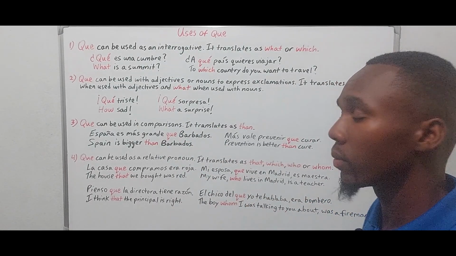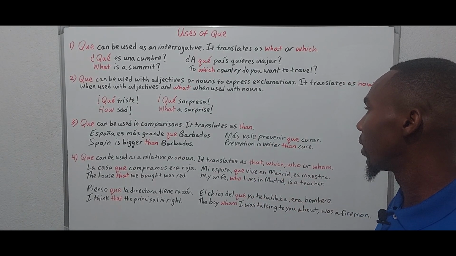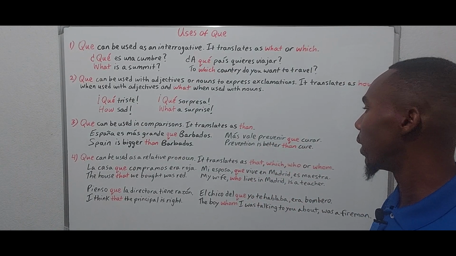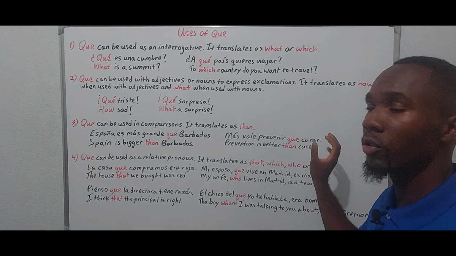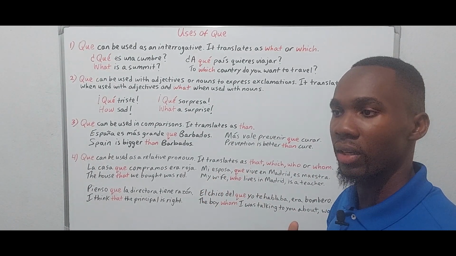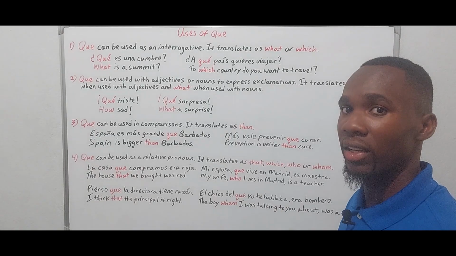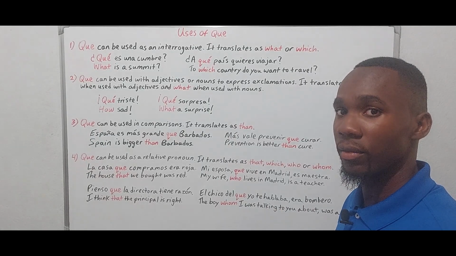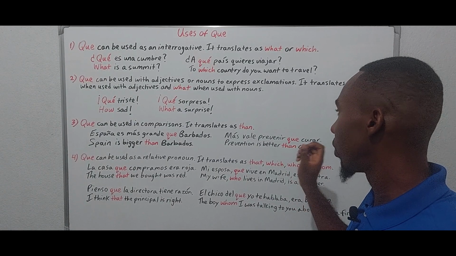Más vale prevenir que curar. Prevention is better than cure. Once again, we have two entities: prevention and cure. And this is also an idiomatic expression. Prevention is better than cure. We hear this very often. Que curar.